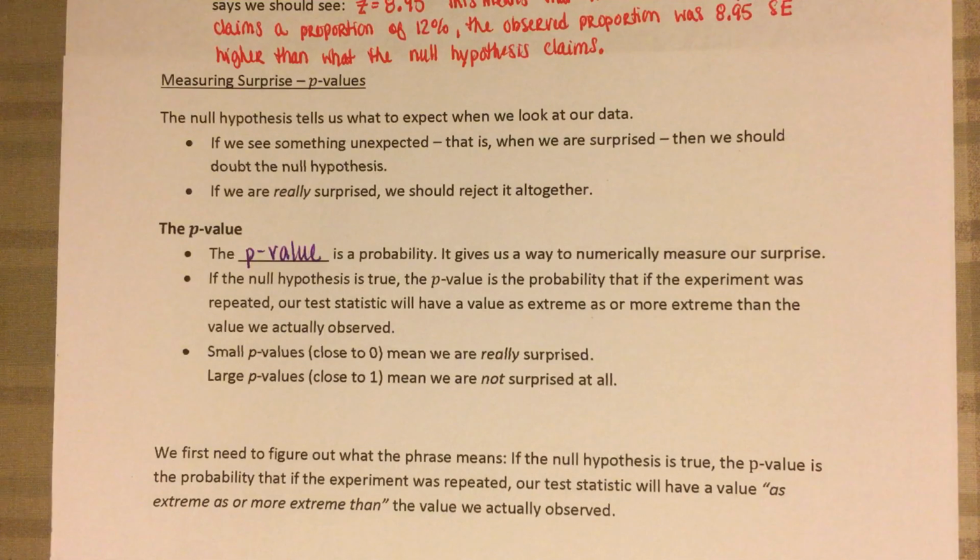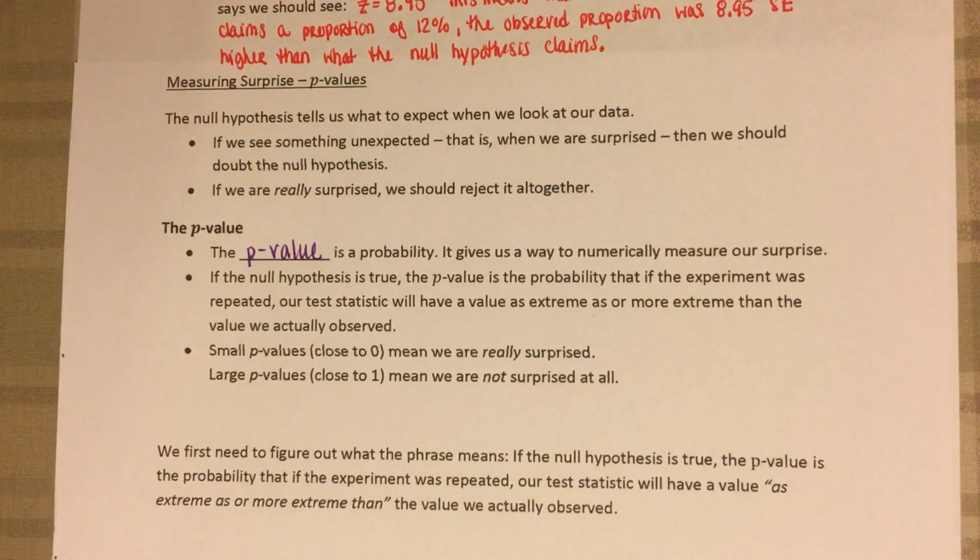If we have a very large value close to 1, we should expect that we end up with something similar, something that's not surprising, which means our null hypothesis is probably valid. If we get something close to 0, that means we're going to be surprised. It means that our z-score is going to be either ridiculously high or ridiculously low. It means there is a good chance that our null hypothesis is incorrect and that our alternative hypothesis is actually the one that is true.